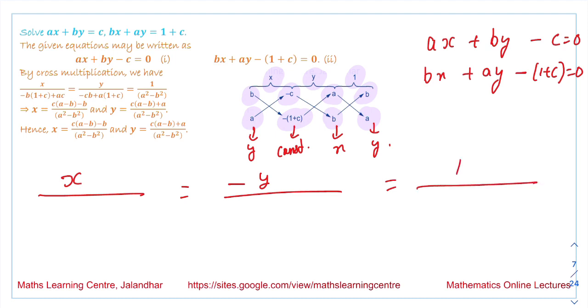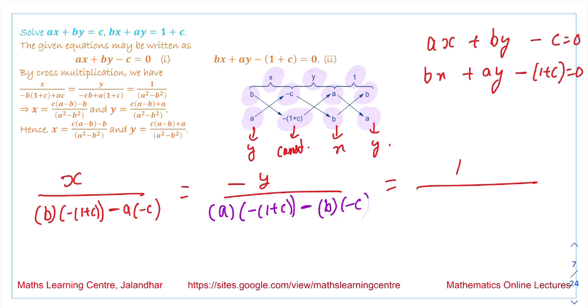When we are writing x over, it is b into minus 1 plus c, minus a into minus c. Similarly, for the terms in the denominator of minus y, we have a into minus 1 plus c, minus b into minus c.